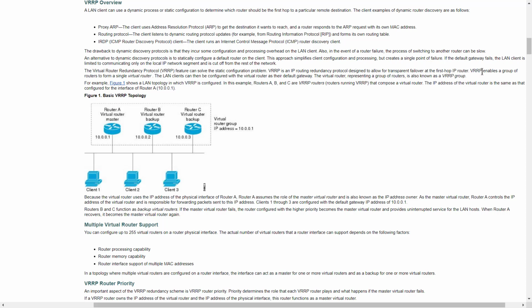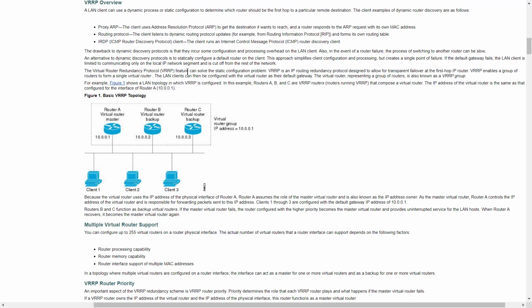VRRP enables a group of routers to form a single virtual router. The LAN client can then be configured with the virtual router as its default gateway. The virtual router representing a group of routers is also known as a VRRP group.